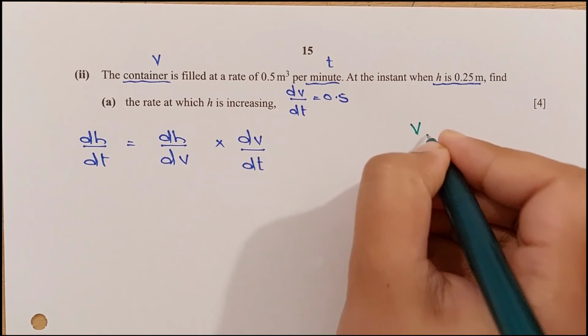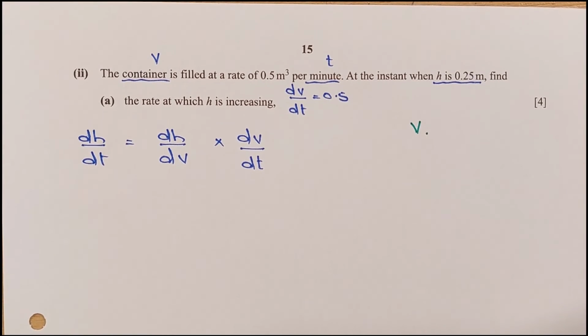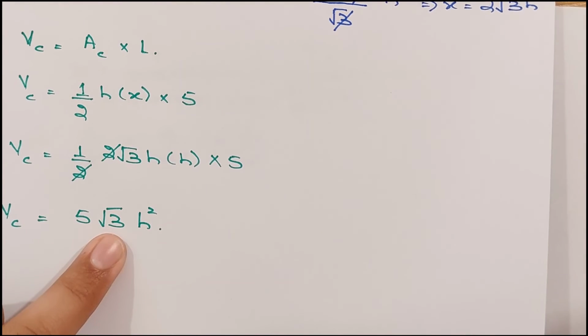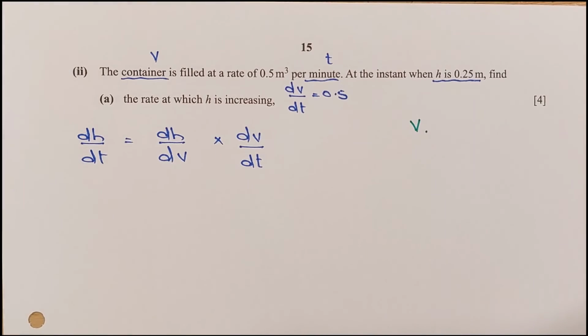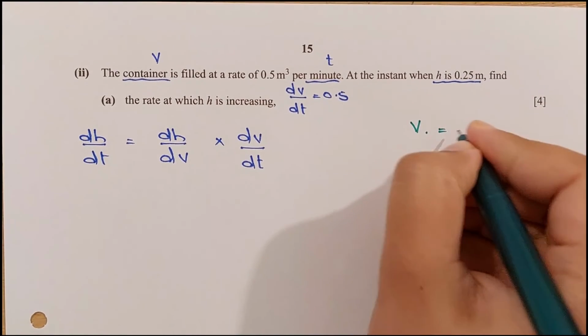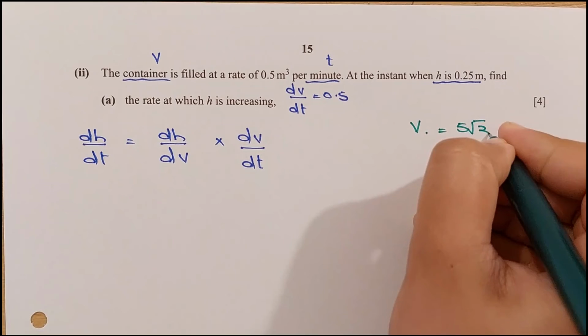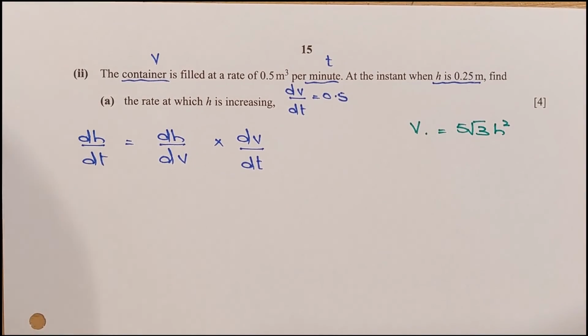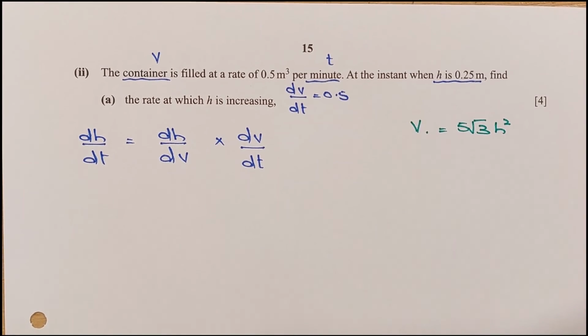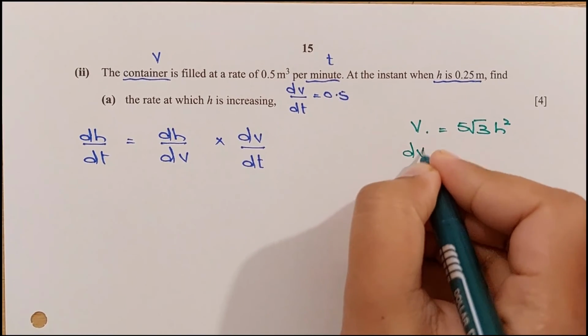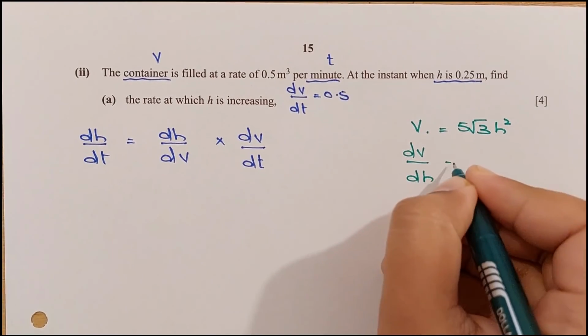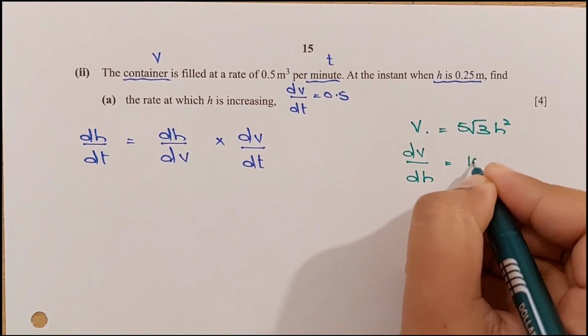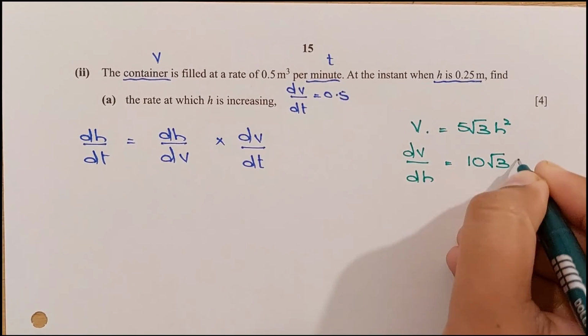Now dV by dt is given as 0.5. The V we got from the first part is 5 square root of 3 h square. Now let me differentiate V with respect to h, dV over dh. This is 2 times 5, which is 10 square root of 3 h.